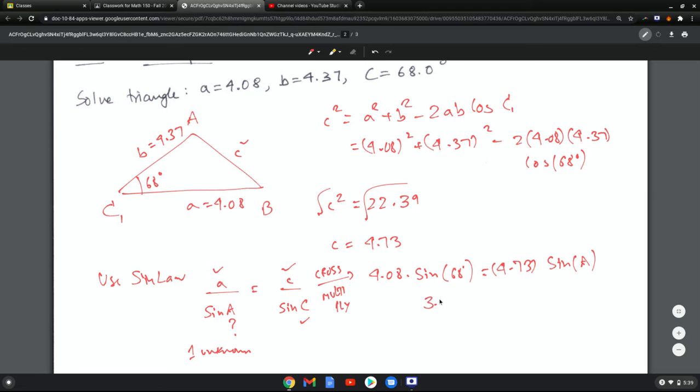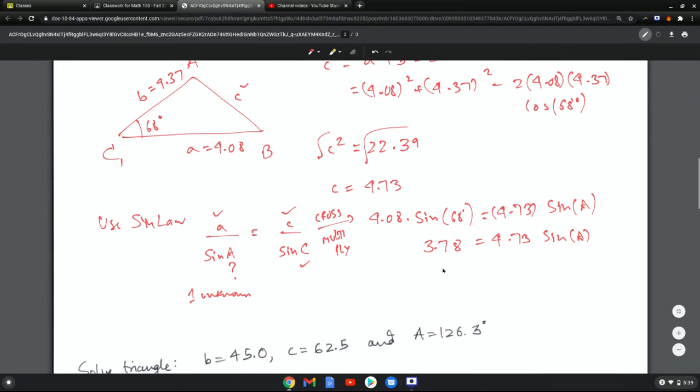That's roughly 3.78 equals 4.73 sine A. So recall I'm solving for A, which means if I divide 3.78 by 4.73, I get 0.80 roughly. So A is going to be sine inverse of 0.8. Sine inverse of 0.8, the calculator gives me that to be 53.13 degrees.